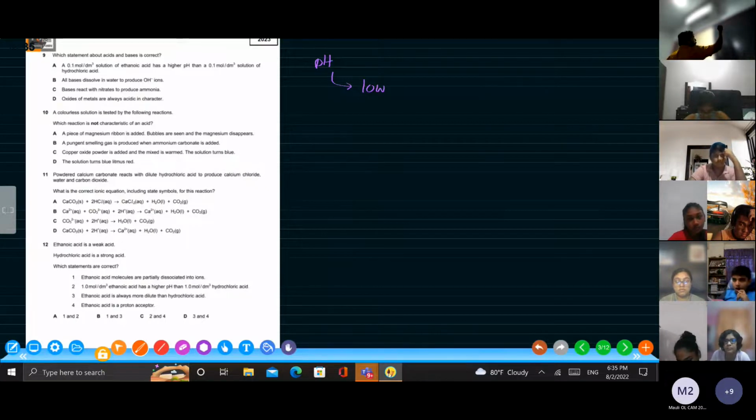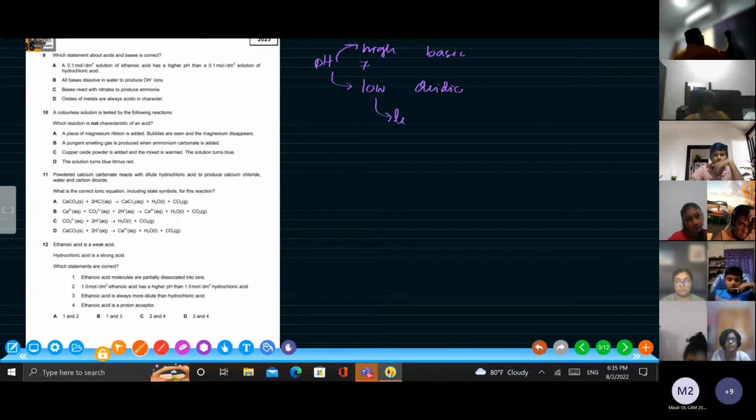If pH is less than 7, it's acidic. If it is higher, it's basic. If it is lower, then it is more acidic.